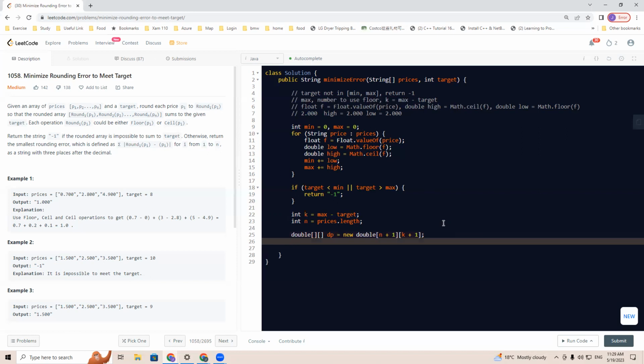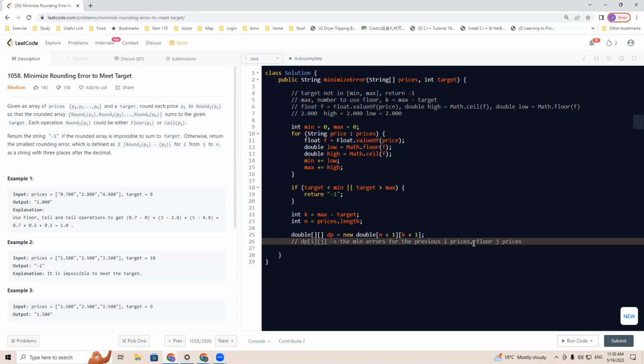What does this function mean? For dp[i][j], it means the minimal error sum for the previous i prices, where we floor j prices.